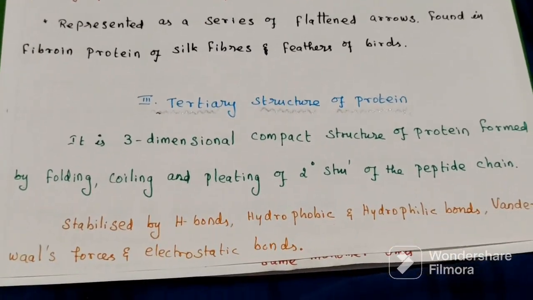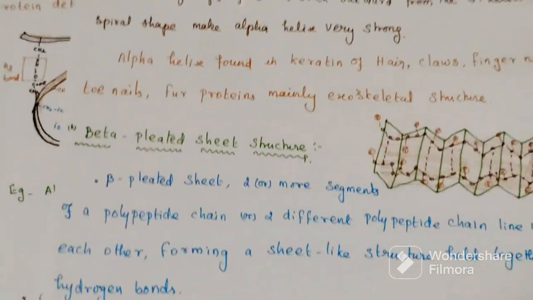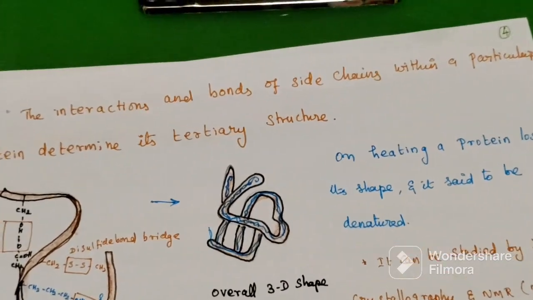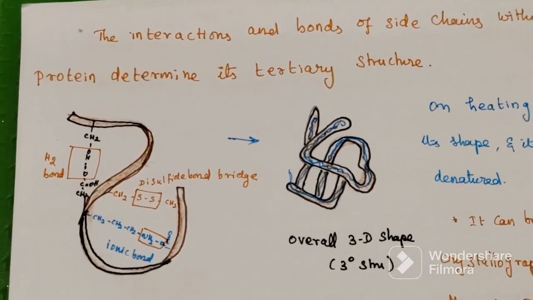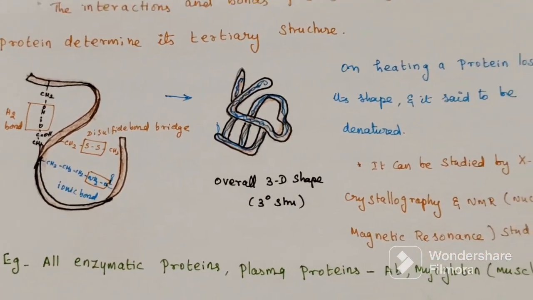Tertiary structure of proteins: hydrogen bonding, disulfide bond, ionic bond.